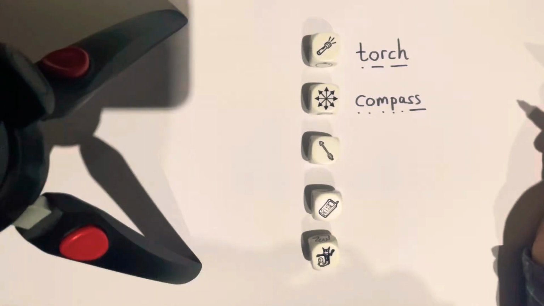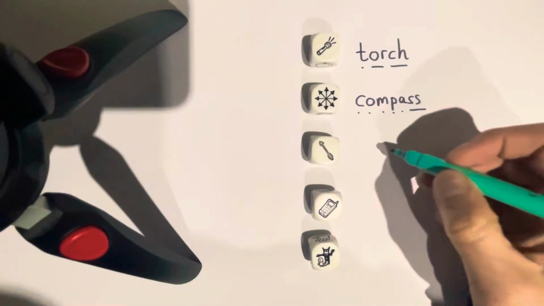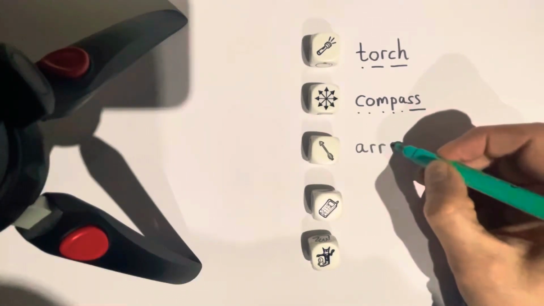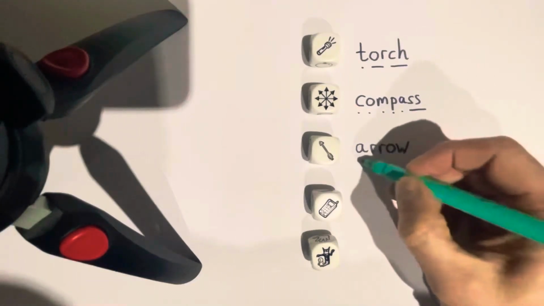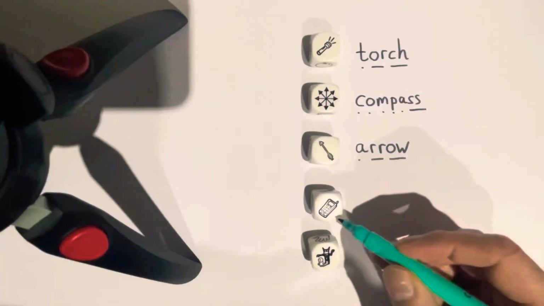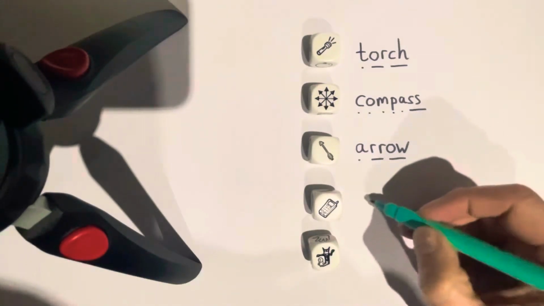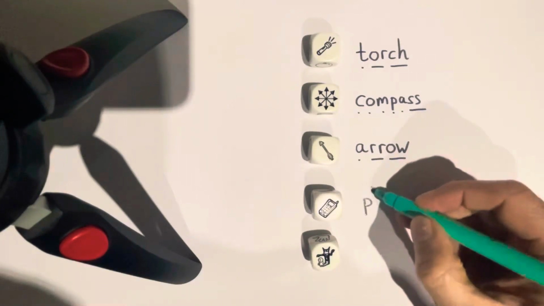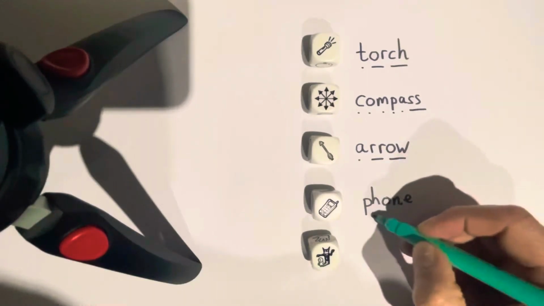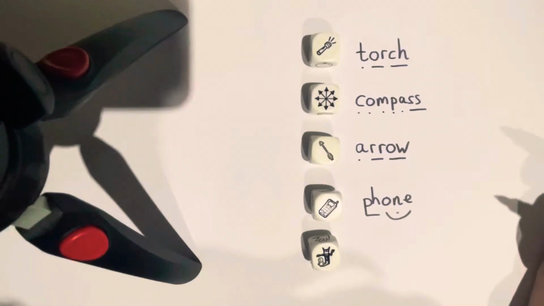Compass. Yeah. Next one, we have an arrow. Here we have a phone.